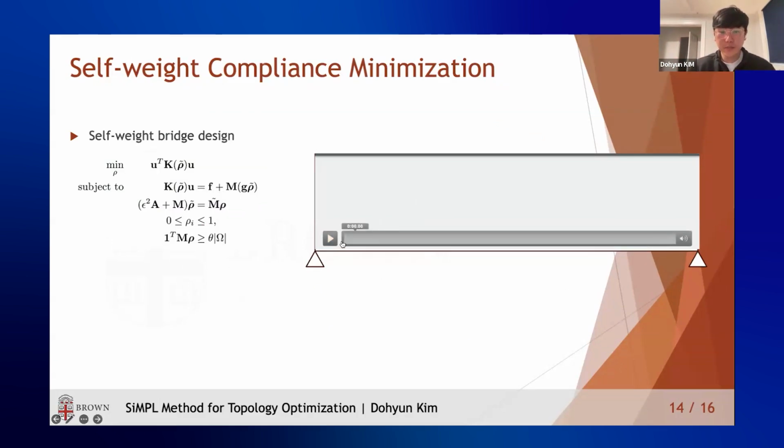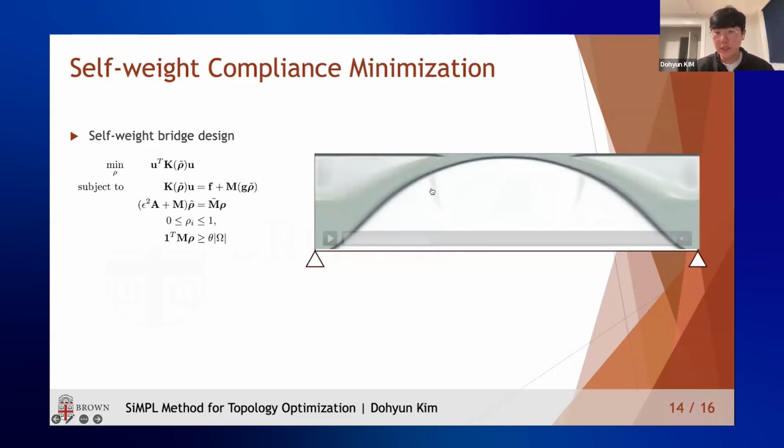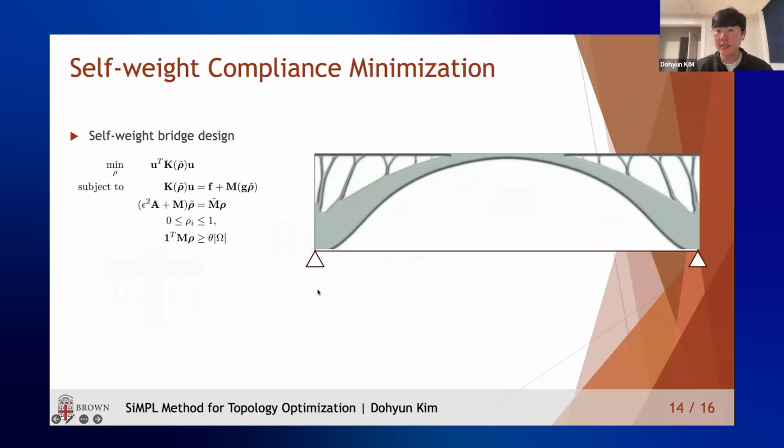And if we solve this problem, then in the middle of the optimization process, a little bit of support appears in the middle, but as soon as they form some connection between the platform and our main support, this auxiliary support is going to disappear. And then at the end, we have a bridge-like design. This one is obtained after 81 iterations.